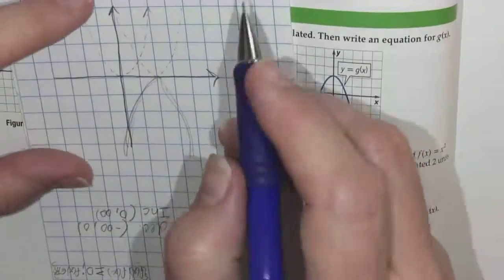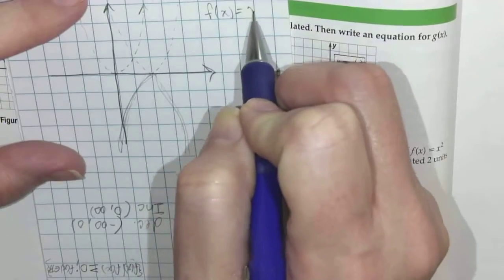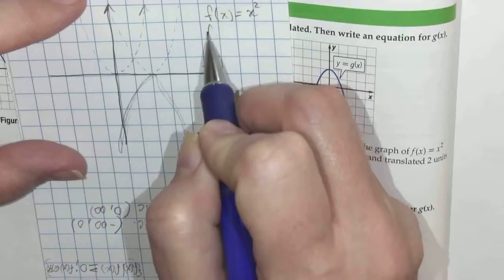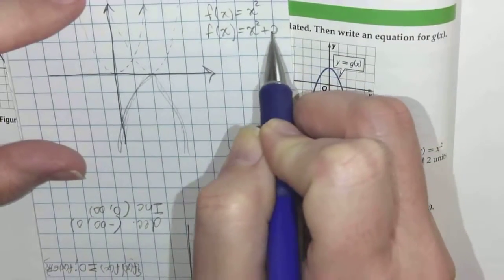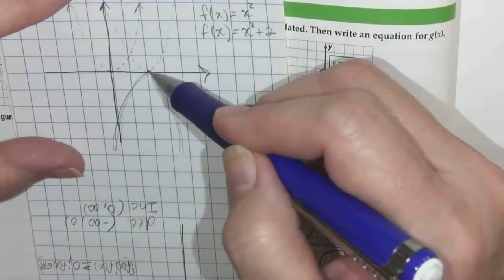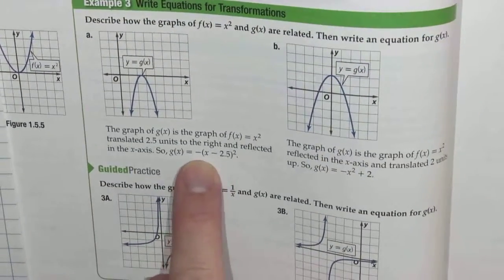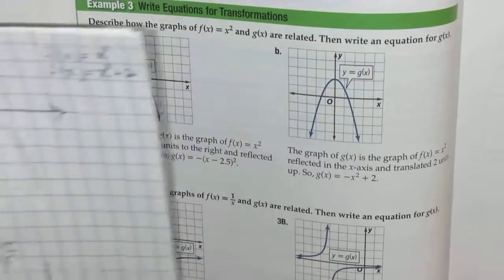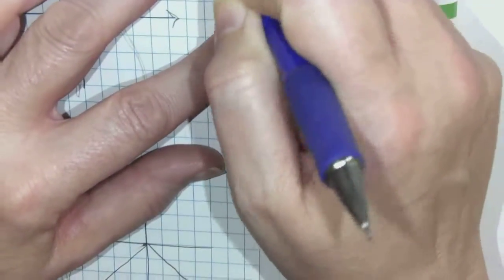So that would take us from f of x equals x squared. To the right, we're going to have to add 2, right? So f of x equals x squared plus 2. But then we've got to account for the whole thing going downward. You know what? I just did something wrong. I'm translating up. Whoopsie.